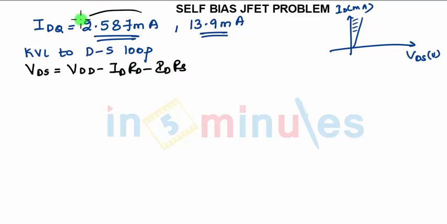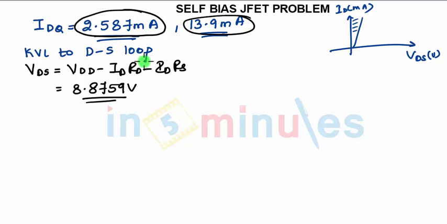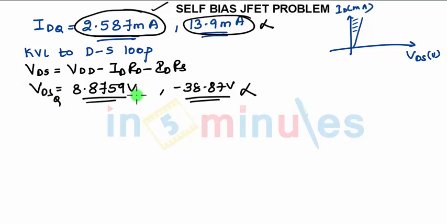So when you substitute ID as 2.587, you will get VDS as 8.8759 volts. And when you substitute ID as 13.9, you will get VDS as minus 38.87. So VDS cannot be negative, so we cannot take ID as 13.9. We will take ID as 2.587, for which we have got VDS as 8.8.